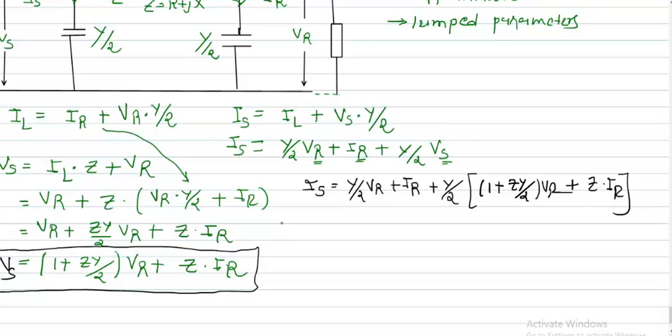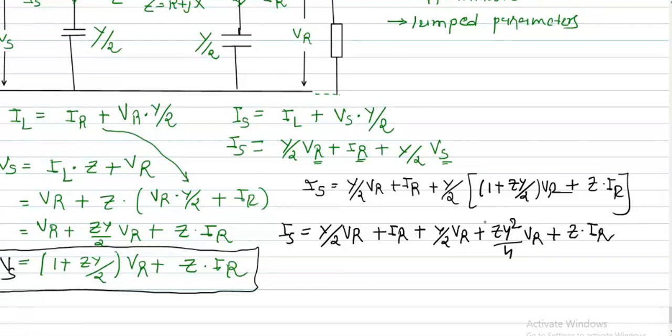Now I will modify this Is. So I will just simplify again. Y by 2 into VR plus IR plus Y by 2 into VR plus ZY square by 4 into VR plus Z into IR. Now you can see here, VR and VR, and here is also VR.